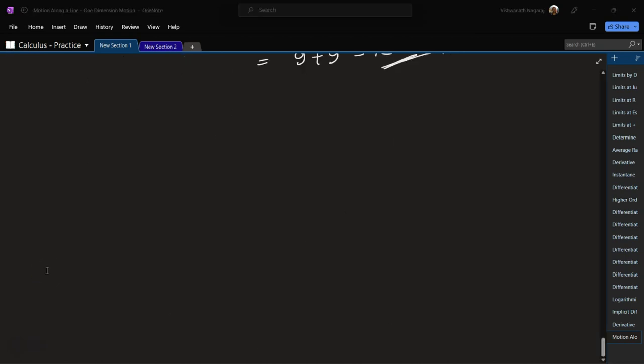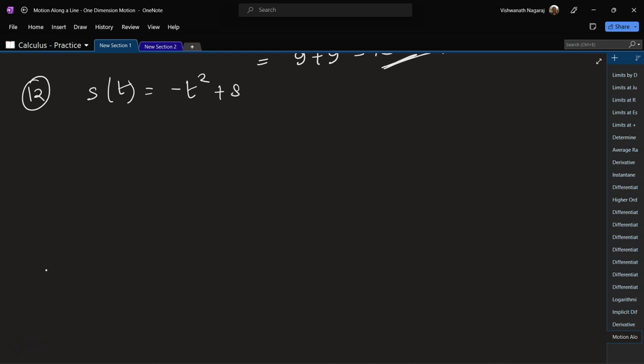Next, 12th one. Now, S of t is equal to minus t square plus 8t plus 20, and the interval that we are interested in is 3 to 8. So again, first we have to figure out when does the object change direction.